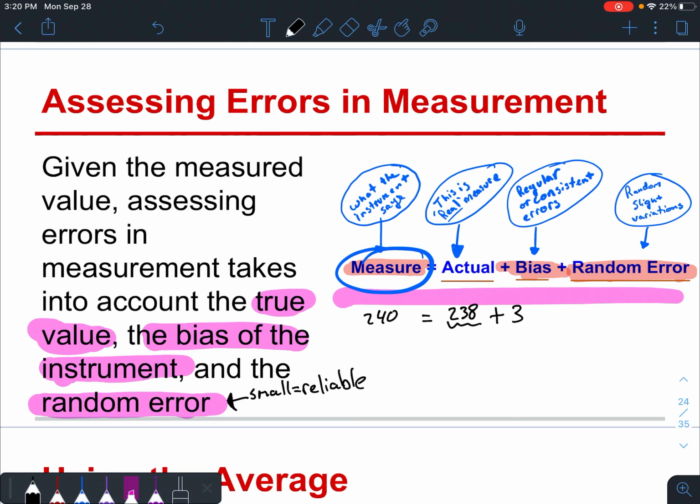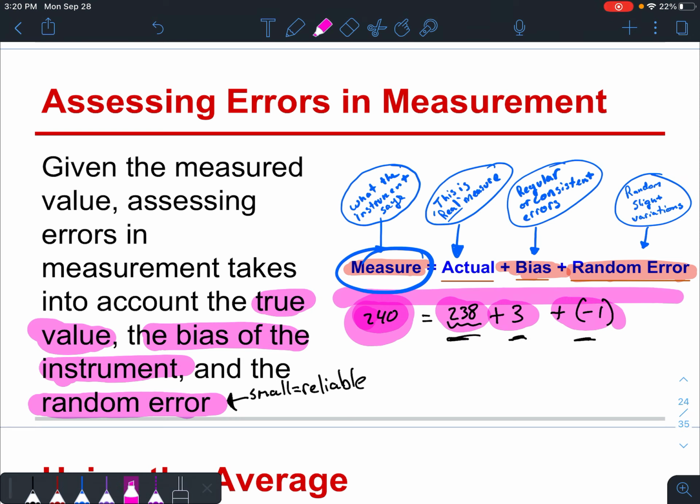It's going to add 3 pounds every time I step on it, and then the random error is going to be small. Let's just say that's going to be a -1 in that case. So the measurement that comes out is going to be 240. My actual weight is going to be 238. There's a 3 pound bias and there's a random error there. So the reading on the scale is this one, but there are all these factors that go into play.